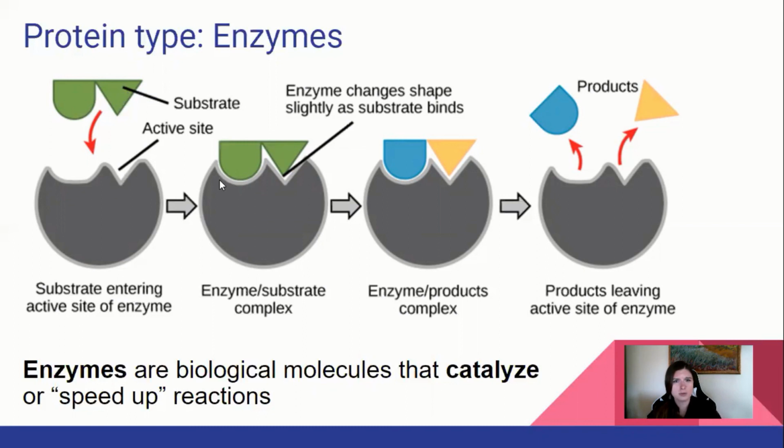Specifically, what it's going to do is catalyze other reactions in the cell. So it's going to speed up various chemical reactions. And it does that because it can bind onto other molecules in the cell. And then the enzyme can change shape slightly. So it can take that molecule, for example, and break it into two pieces by stretching it, right?